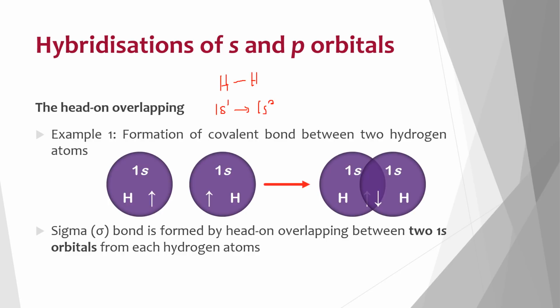The single bond, also known as the sigma bond, is formed by the head-on overlapping between the two 1s orbitals from each hydrogen atom. So the 1s1 orbital from hydrogen 1 and the 1s1 orbital from hydrogen 2 will form a bond by overlapping the orbitals.